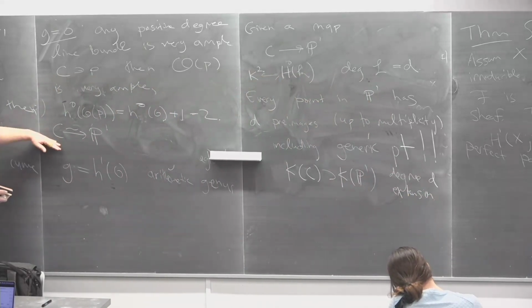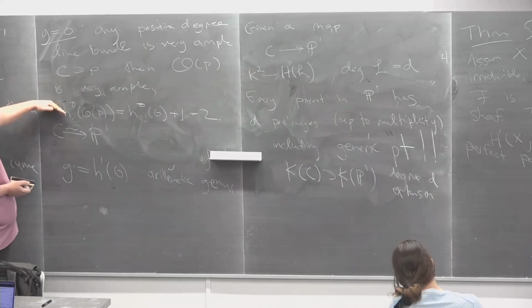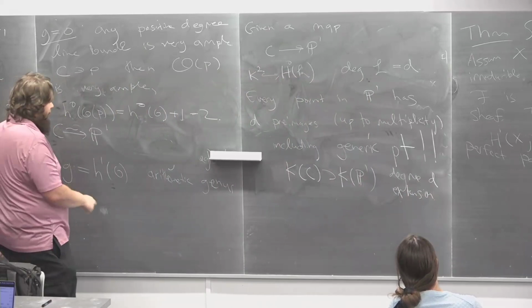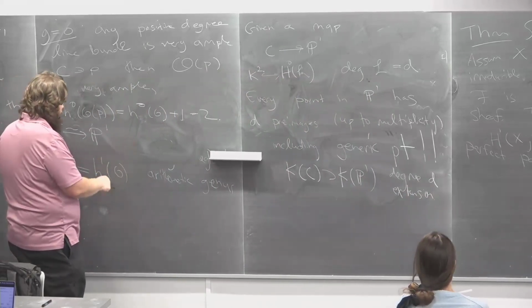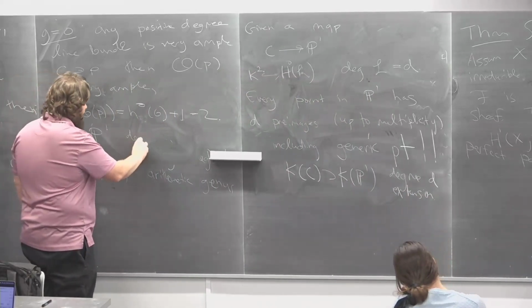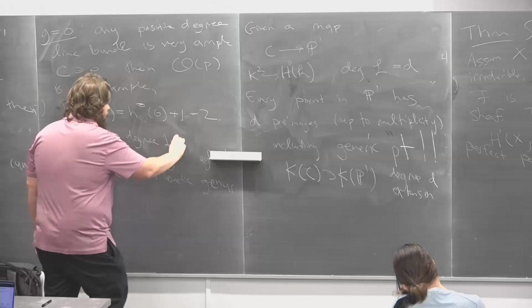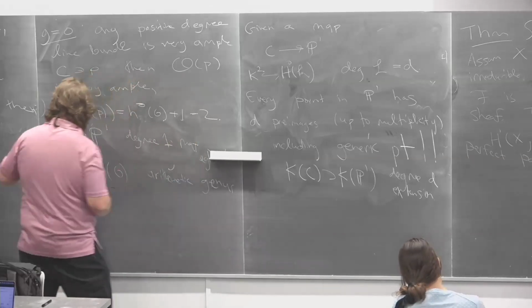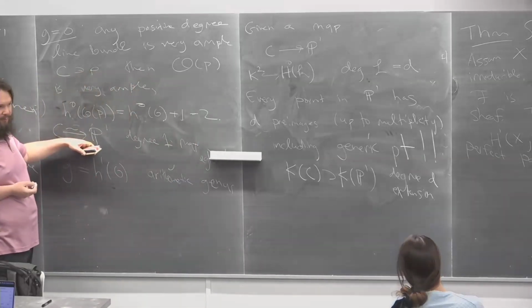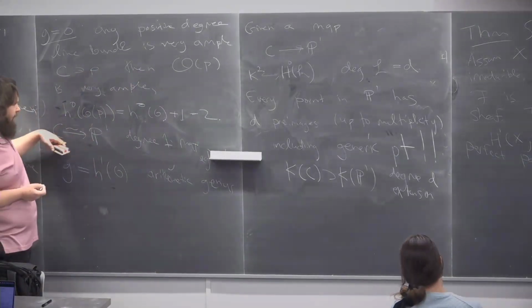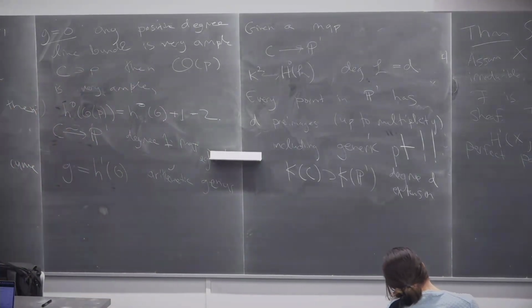In particular, this is a degree 1 map: I'm taking a degree 1 line bundle and I get a map here. So it has to be an isomorphism on the function fields. That's how you prove that this is actually an isomorphism.